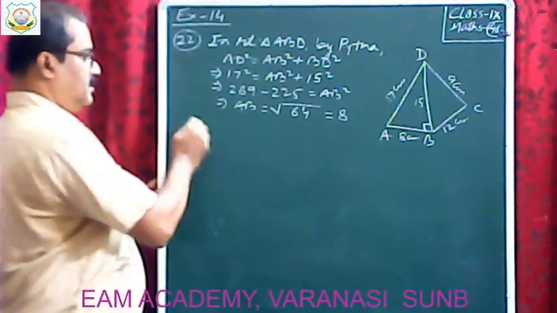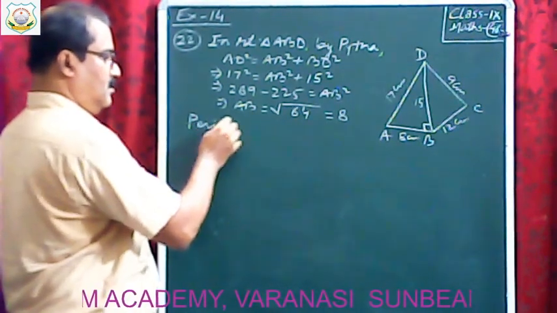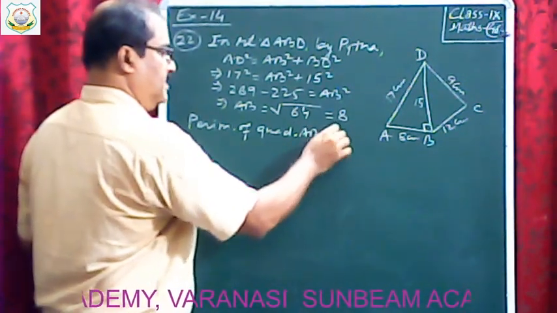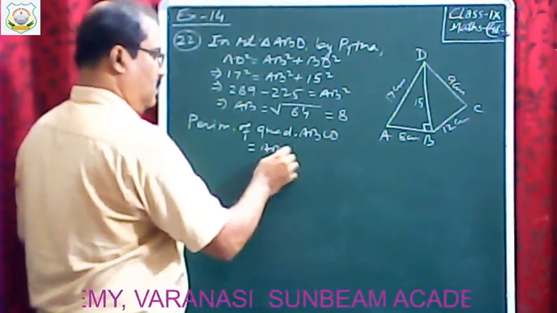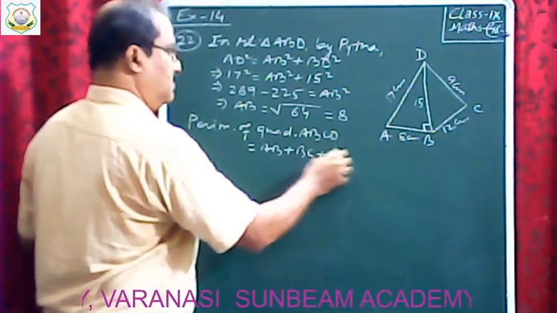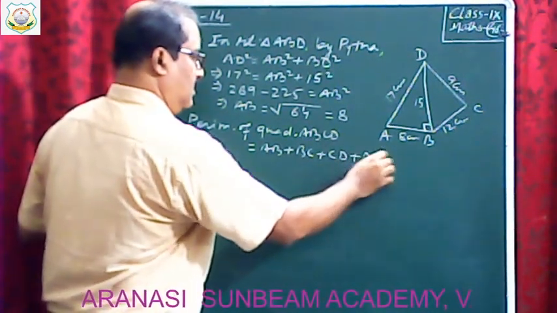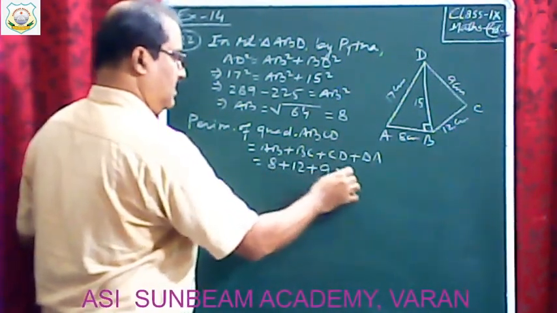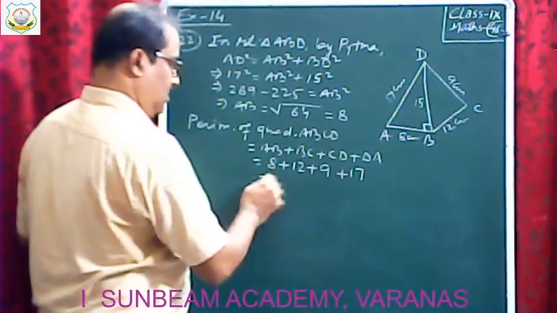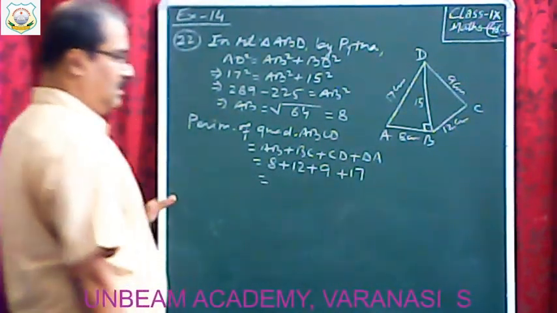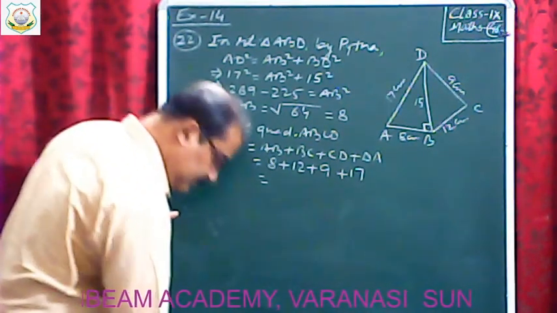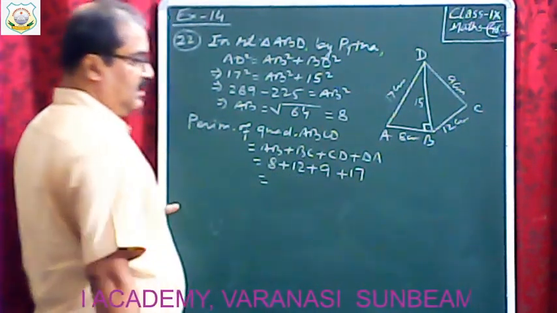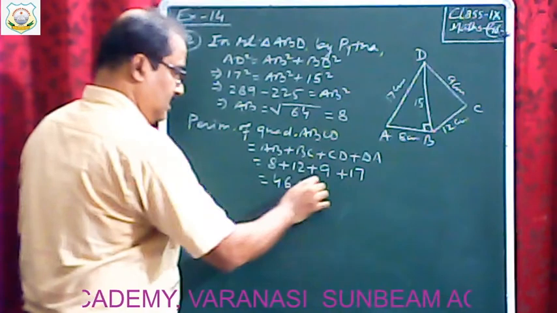Thereafter, perimeter of quadrilateral ABCD equal to AB plus BC plus CD plus DA, 8 plus 12 plus 9 plus 17, that is 46 centimeter.